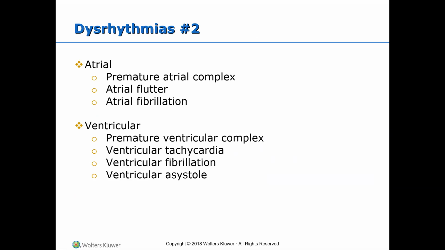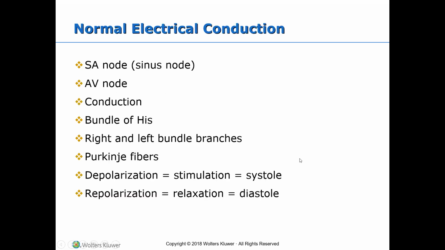Some people get them a little bit too regularly, and so they may have to stop a medication, or you can also take something like metoprolol, which will help with that type of issue. And then ventricular tachycardia, ventricular fibrillation, and ventricular asystole. We'll see some samples of those.